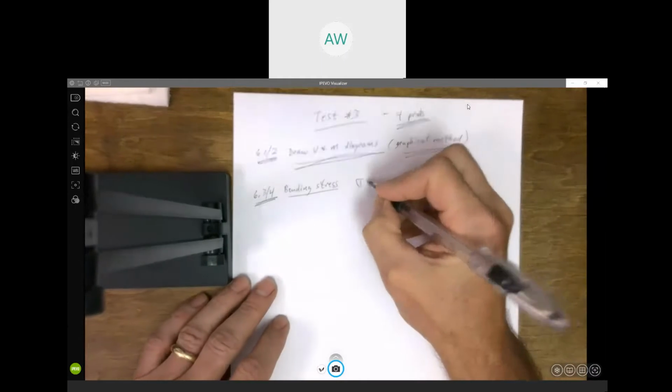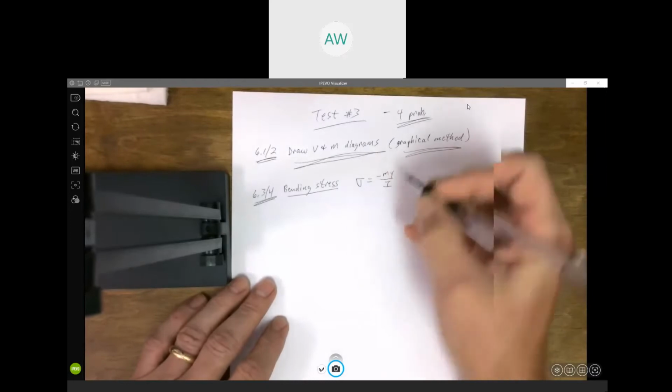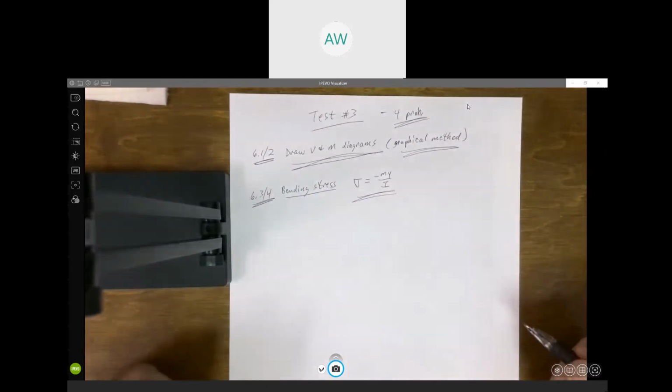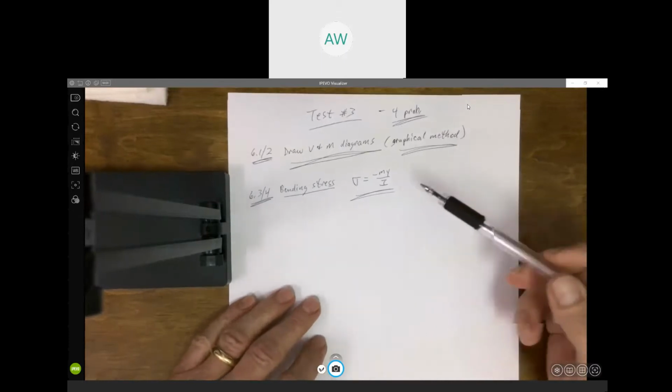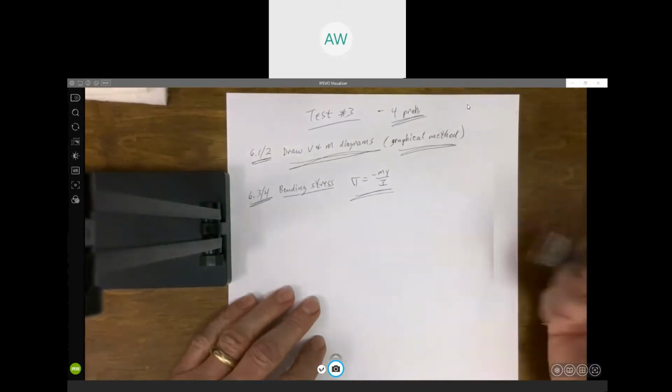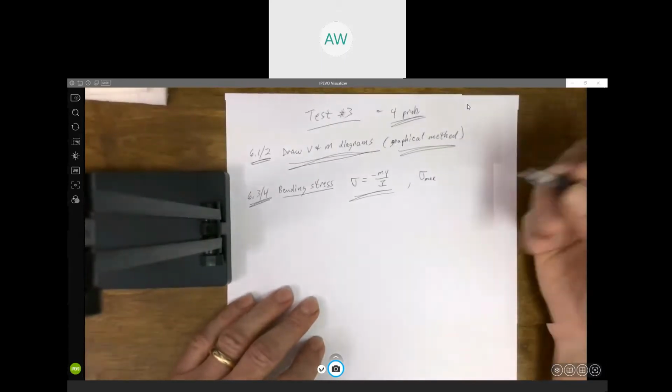And we had this formula, sigma is minus My over I. So definitely you need to know that. One of the other formulas that you may want to use, we actually used a minute ago, right?